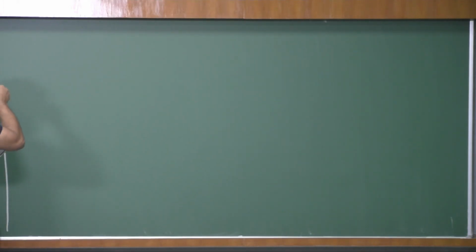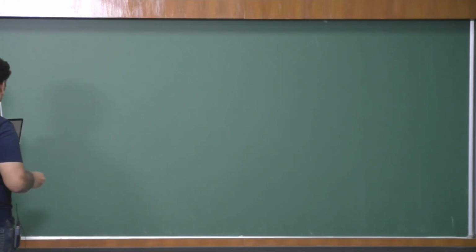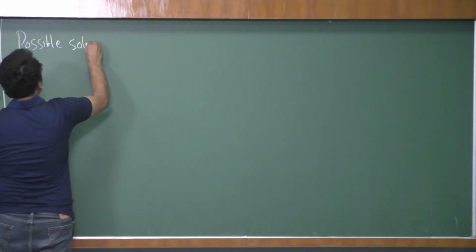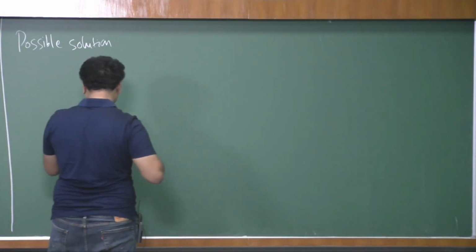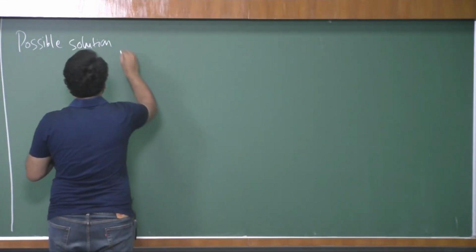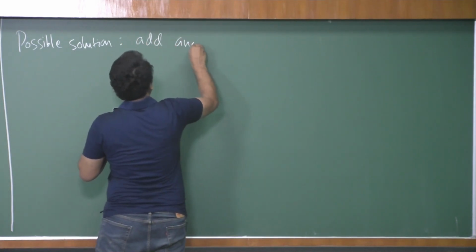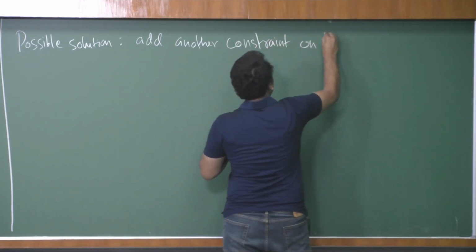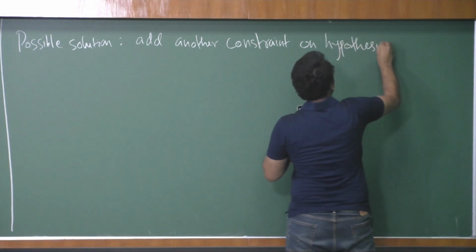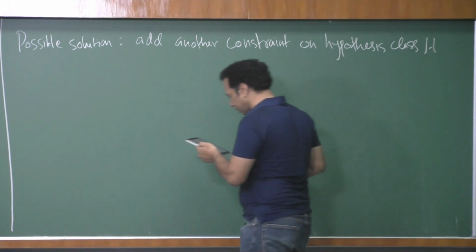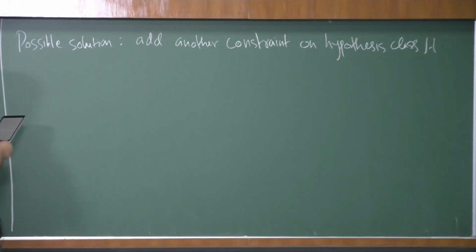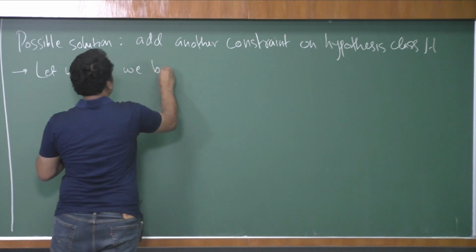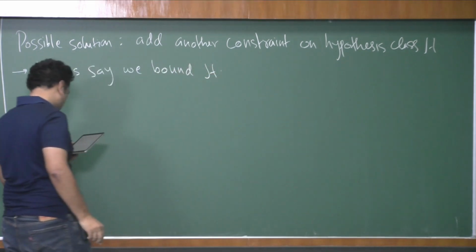A possible solution for this is to add another constraint on the hypothesis class H. This constraint could be that we bound H, the hypothesis class.